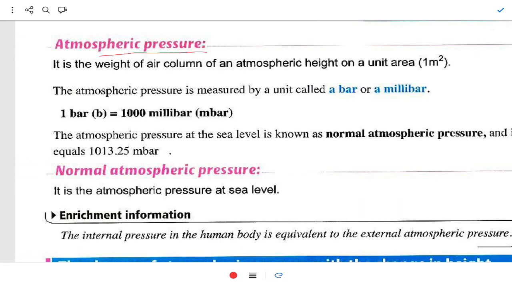We can measure it from anywhere, but if we measure it from the sea level, it would be the normal atmospheric pressure.